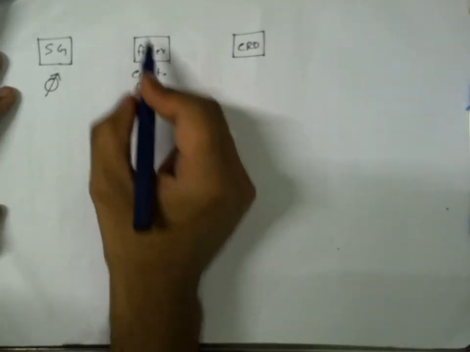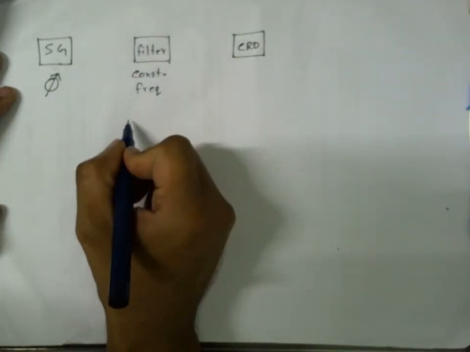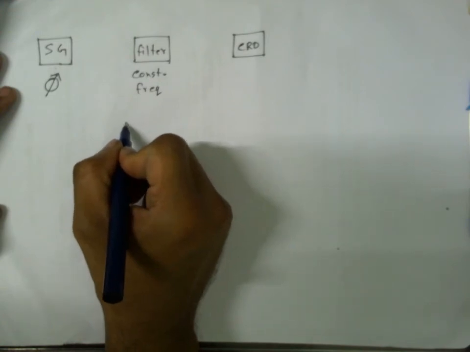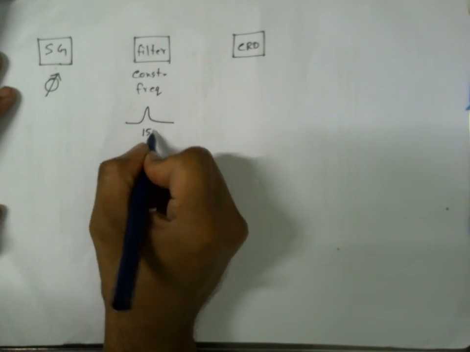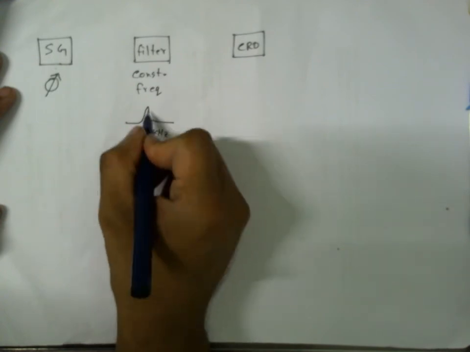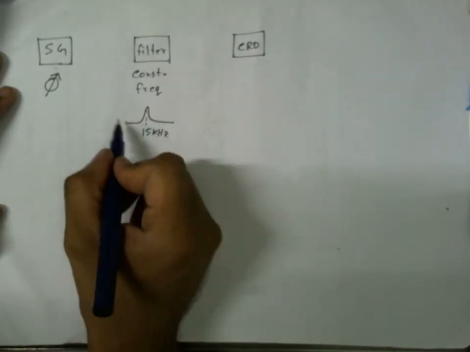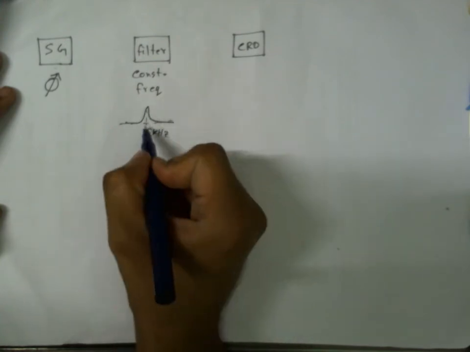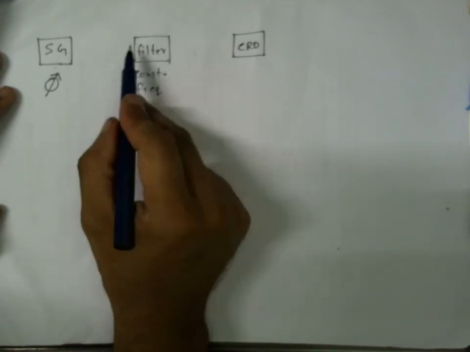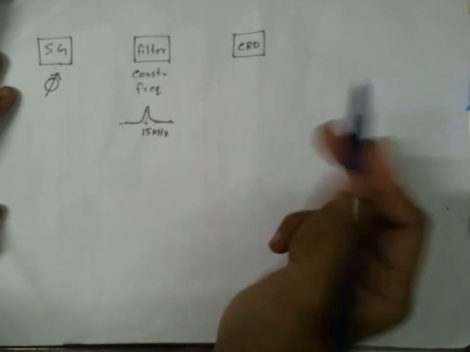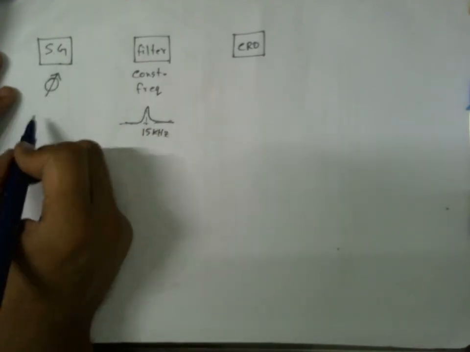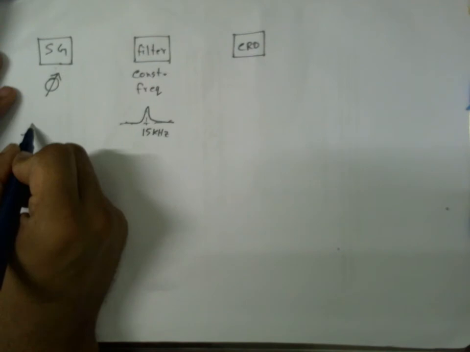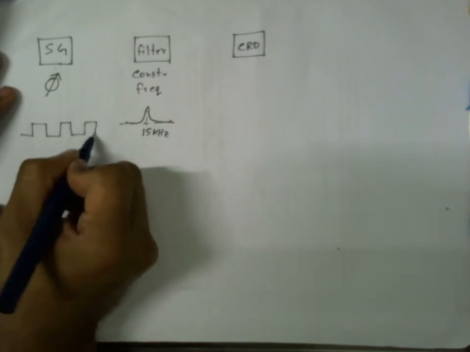Suppose I have this filter which passes only something like 15 kilohertz. So it passes only the 15 kilohertz signal from the input to output, and all other frequencies are blocked. Then I'll first generate a square wave of 15 kilohertz.